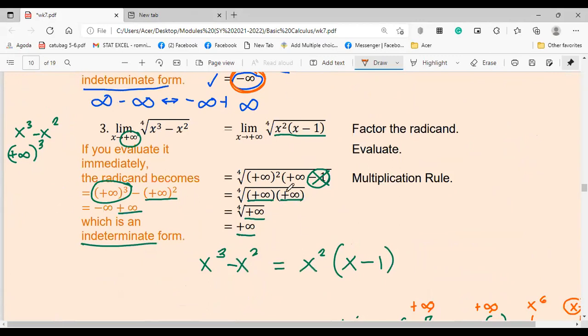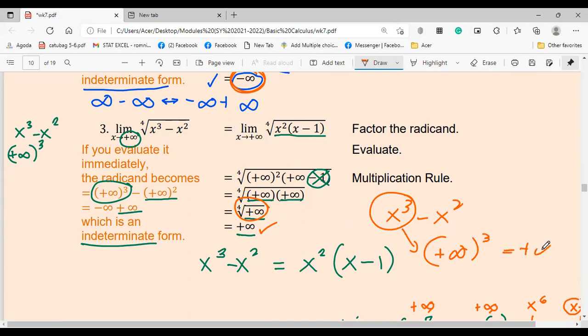You can't get out of the rule of radical sign that the fourth root of positive is really positive. Pero kung titignan mo si x cubed minus x squared, ito yung magdo-dominate, x cubed, the higher the exponent. So a positive infinity raised to 3 is positive infinity. So kapag kinuha mo na ang fourth root ni positive infinity, is really positive infinity.